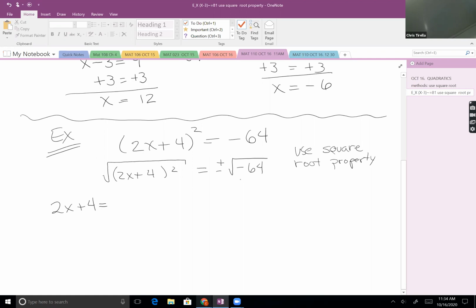Over here where I have a negative 64, I have to think of that as 64 times negative 1, which will give me 8i, so I'll get that 2x plus 4 is equal to plus or minus 8i. We took a big leap of faith there involving the i. Is everybody comfortable with that?